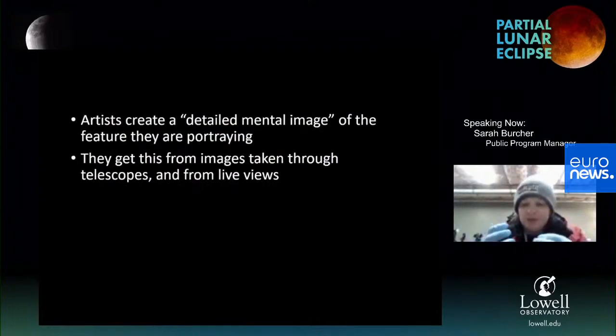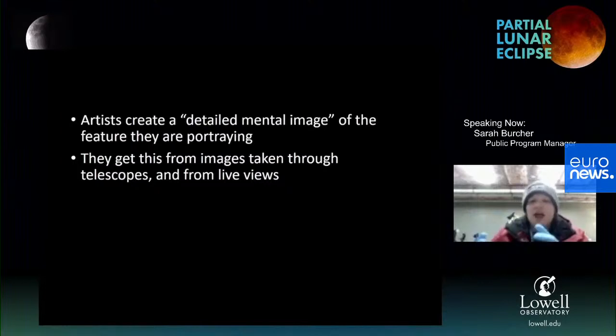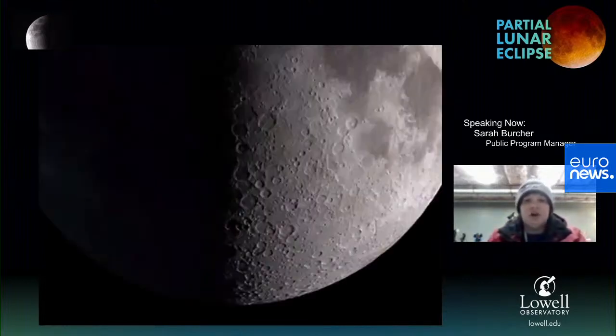So Patricia Bridges was the woman in charge of creating these lunar maps, and she's quoted as saying that to create these maps she needed a detailed mental image of the feature, and she would get that from different views of that same feature with different lightings, like I was talking about, and by looking through the telescope herself.